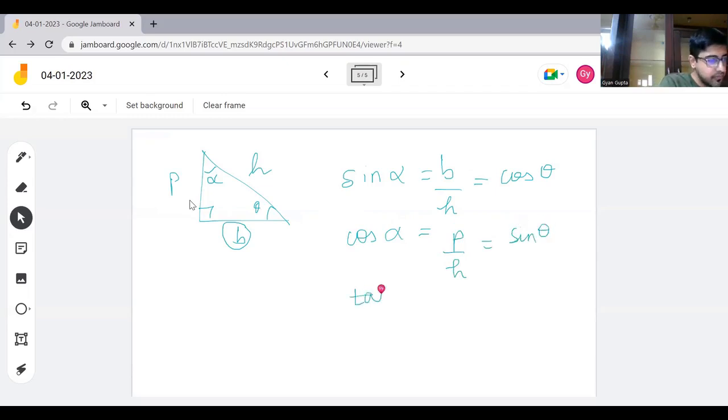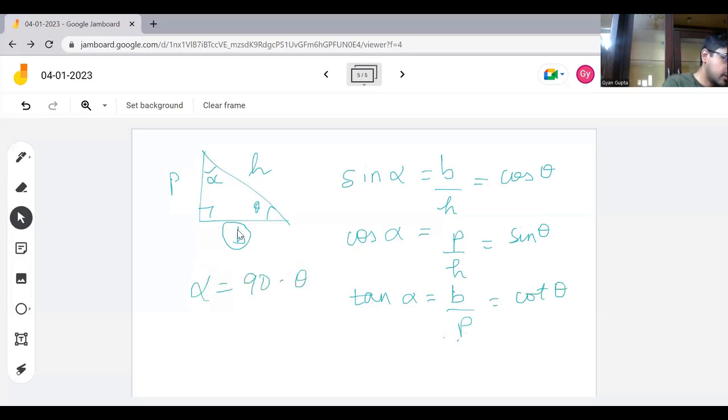Tan alpha is perpendicular to alpha, which is b, over the base, which is p, so b by p, which is cot theta. But we also know alpha is equal to 90 minus theta.